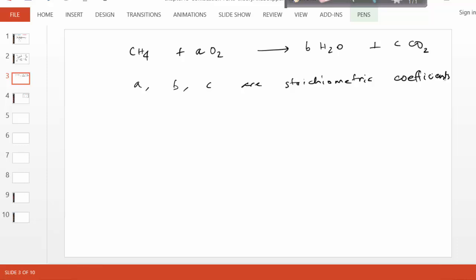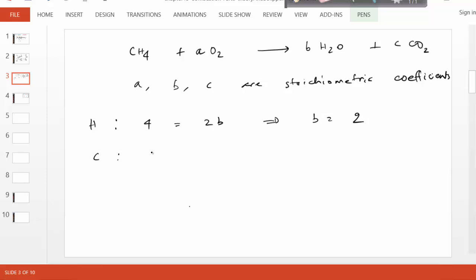How do you do that? Atoms are preserved. So we'll write hydrogen. On the left hand side we have 4, and on the right hand side we have 2B. So solving that, we immediately get B to be 2. Okay, let's balance carbon.